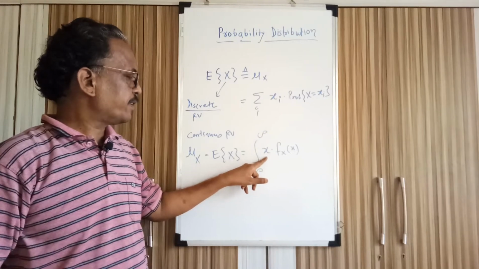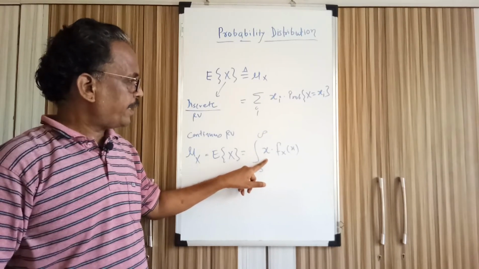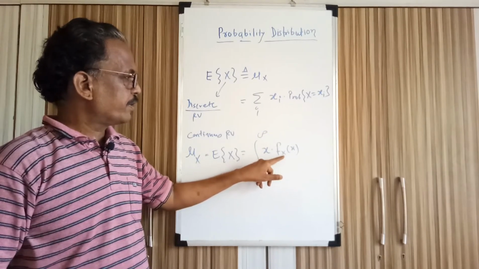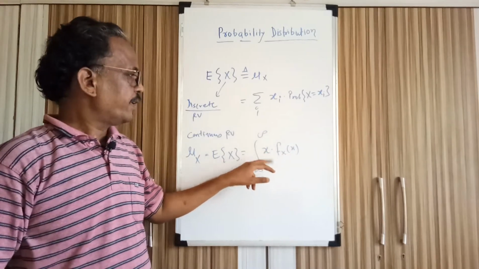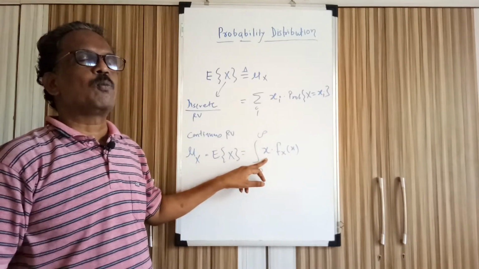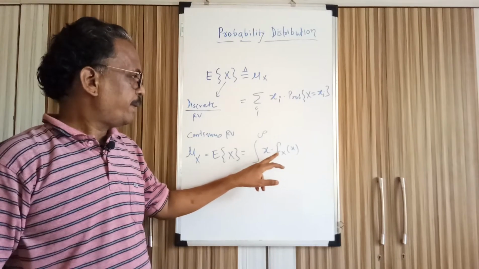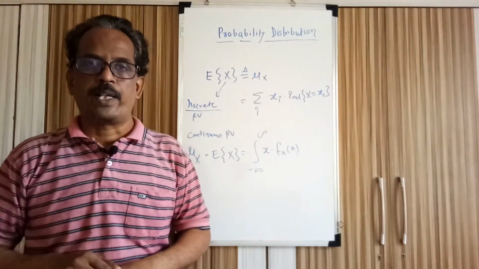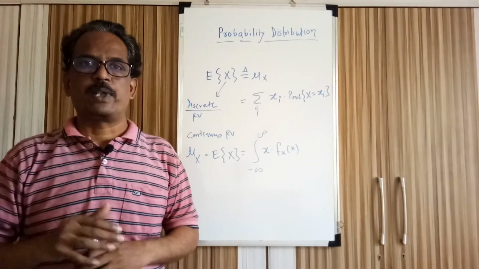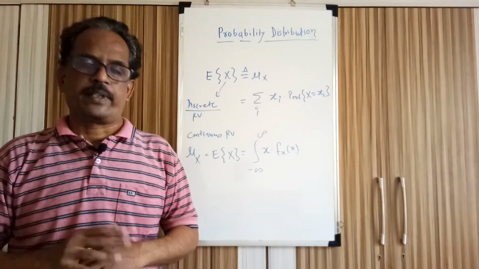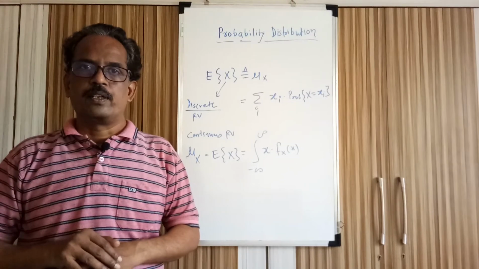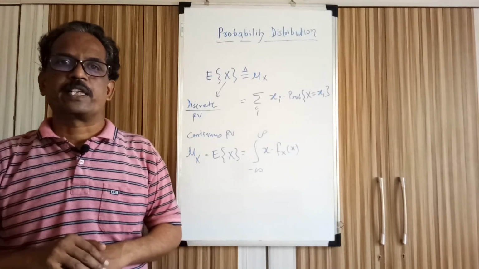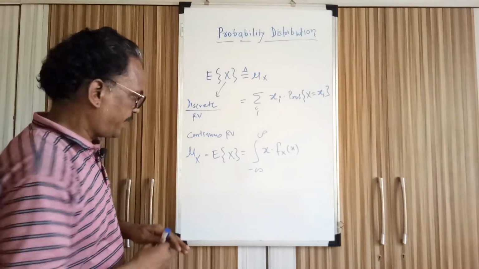Suppose x is x1, then the density is fX(x1). So x1 can be, let us say, 0.001 multiplied by fX(0.001), and the addition of all these multiplications, since integration is nothing but addition, gives the mean value of the random variable.